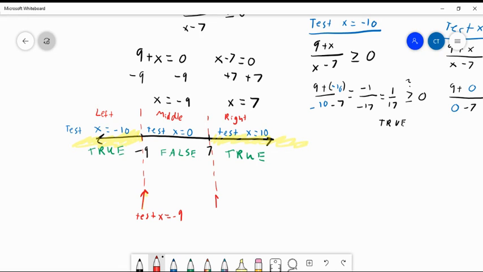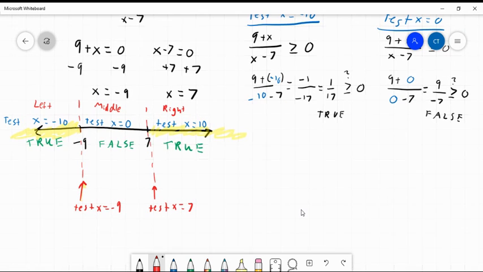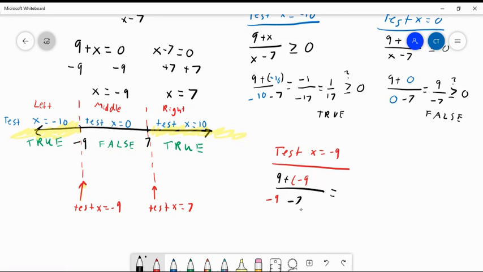So we need to test x equals negative 9 and x equals 7 in the original inequality. So to test x equals negative 9, put a negative 9 where the x was in the original problem, and see what you end up with.